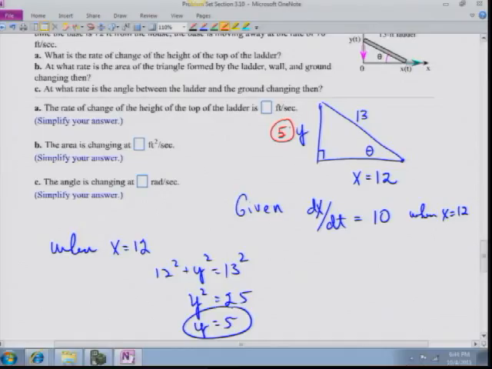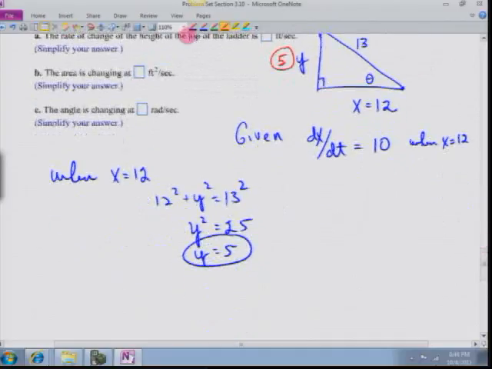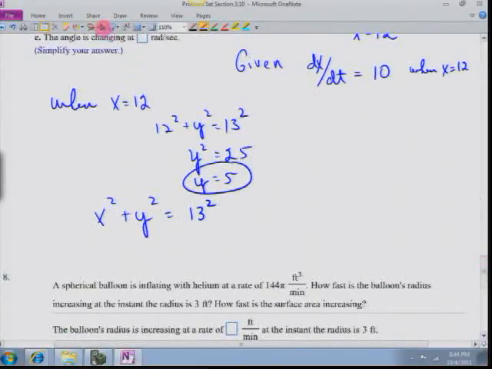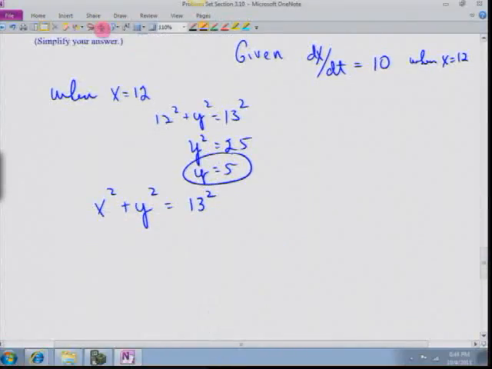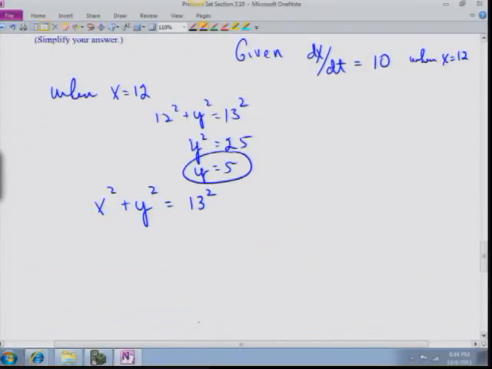Okay. What kind of relationship do we know in a right triangle? We just kind of wrote it there. So let's write that here. x squared plus y squared equals, we'll call it c squared. We can call it whatever we want. Let's put in here 13 squared.